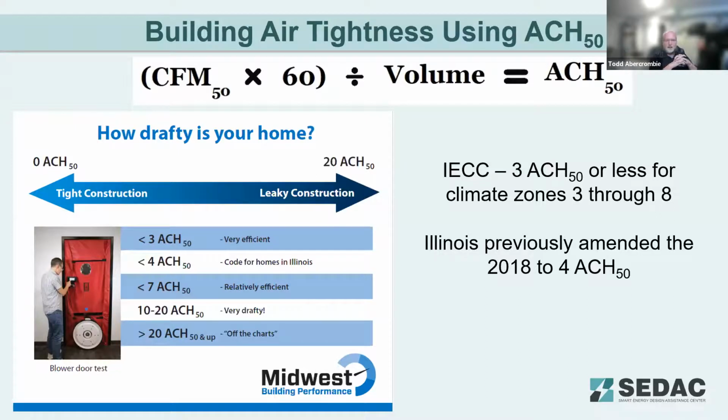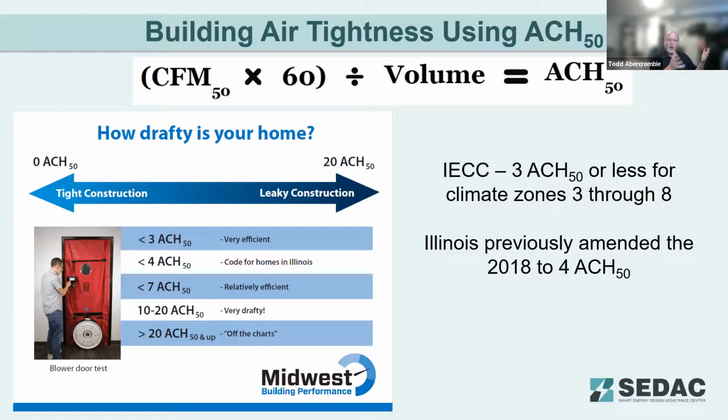But basically what that means is the number of times the air will change in the house at the test pressure that the blower door is running at, the CFM 50. The rough way to consider what a scale of ACH 50 looks like is let's call it a 0 to 20 scale, where 20 ACH 50 on the right was considered very leaky construction, and 0 ACH 50 on the left, of course, would be perfectly airtight construction.